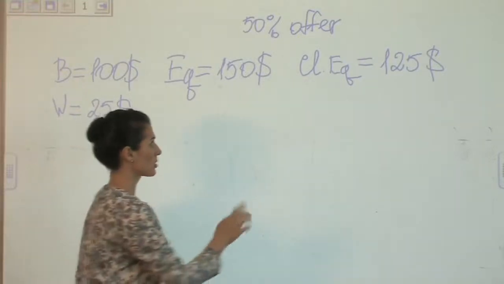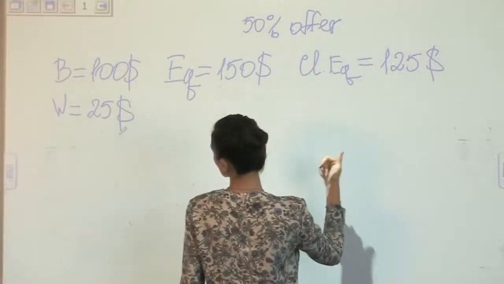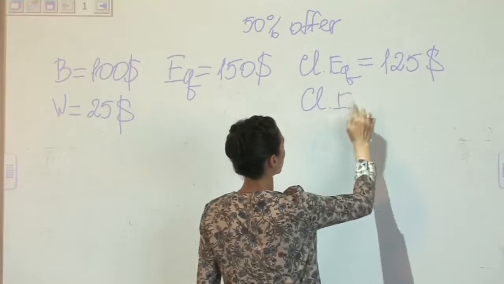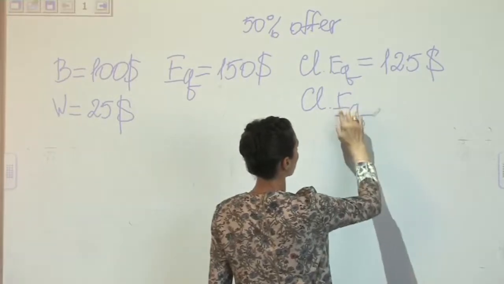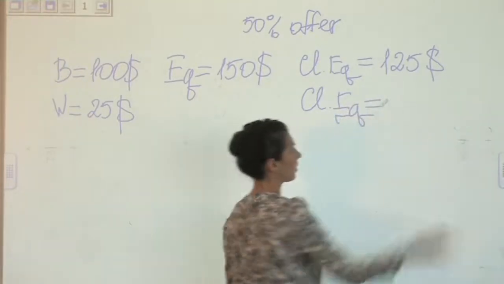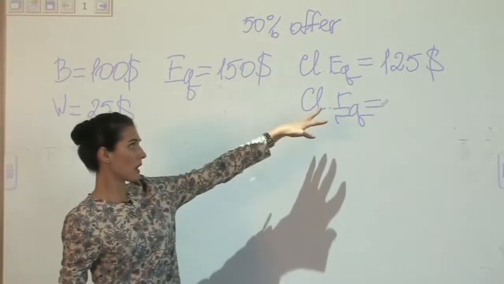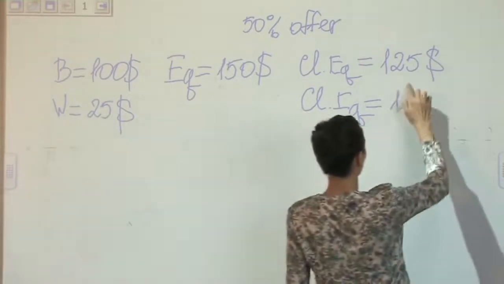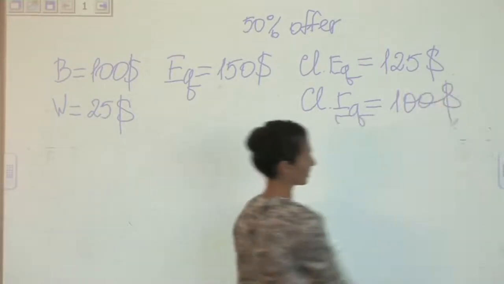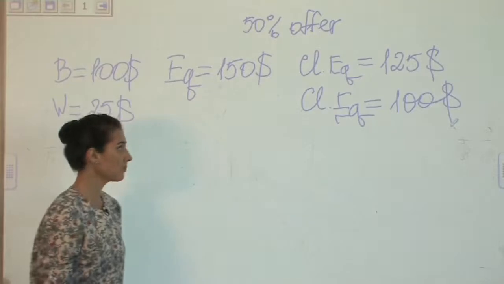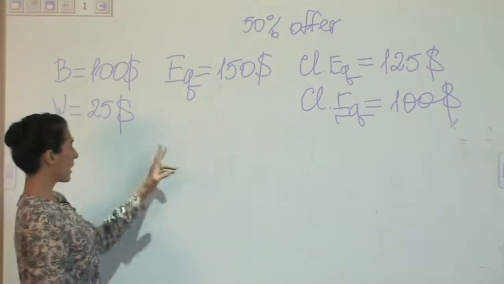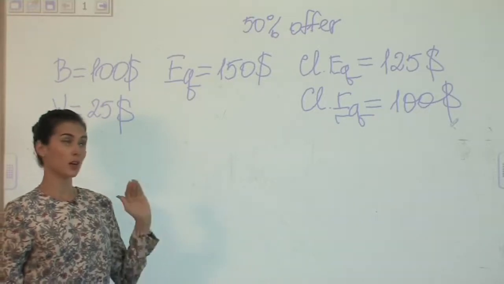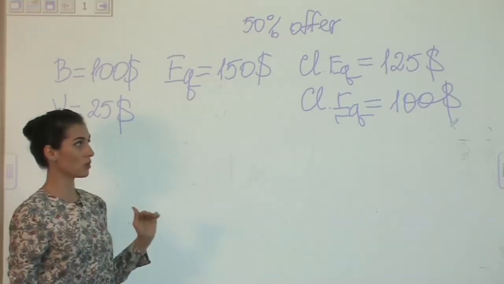Clean equity, to understand how much funds will be there after withdrawing, is simple. You just count 125 minus 25, and there will be $100. That's it. But equity and balance will be decreased by the percentage of withdrawing.